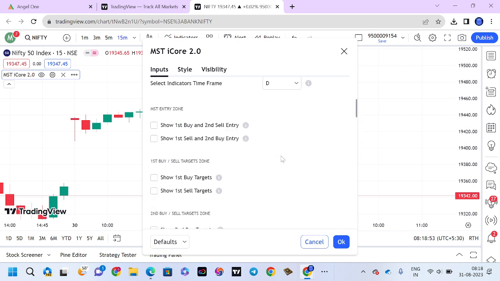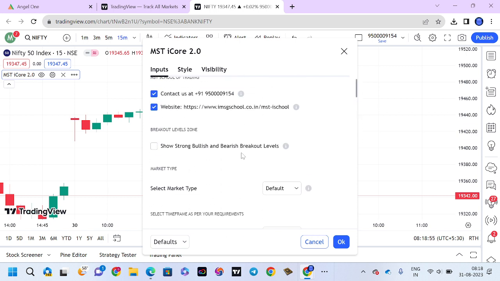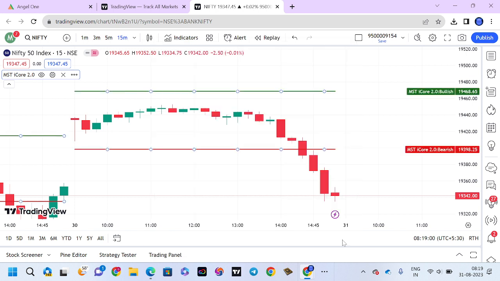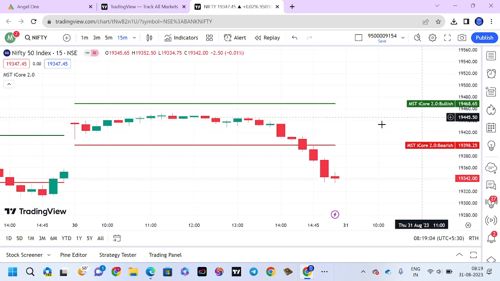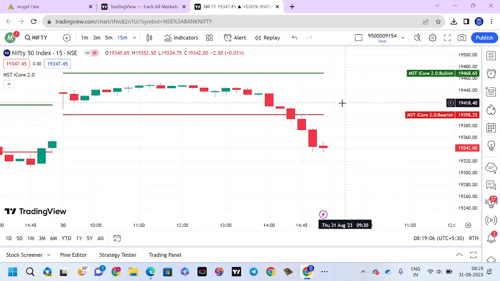The first option we have enabled here is bullish breakout and bearish breakout. What is this bullish breakout and bearish breakout? In the market, if you want the option price to move tremendously on par with the spot value, there should be some momentum.